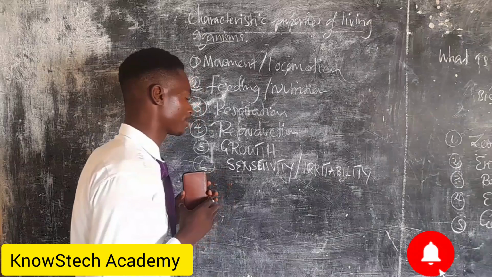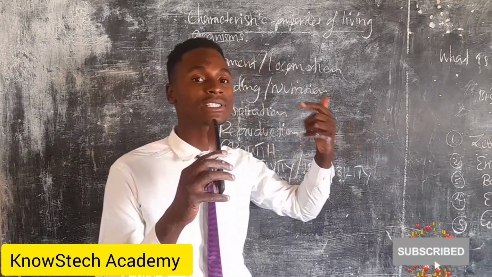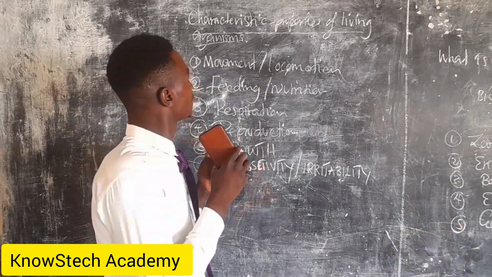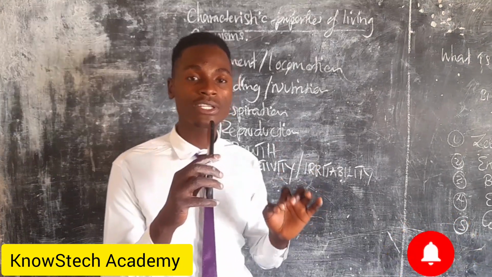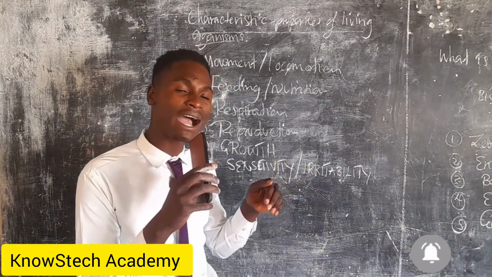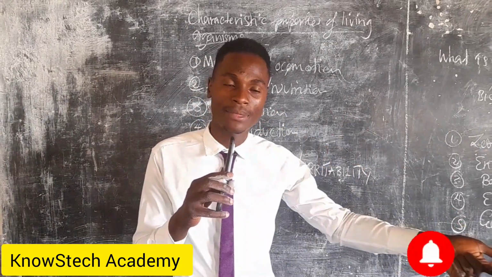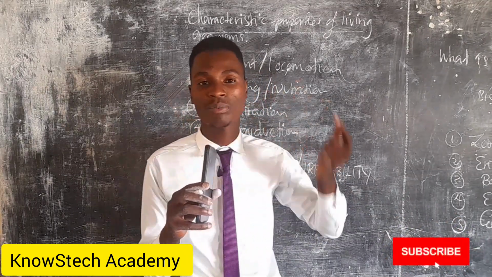Sensitivity or irritability is another characteristic feature of living organisms. Now, what is sensitivity? Sensitivity or irritability is the ability to respond to stimuli. A stimulus is something that causes an organism to respond.